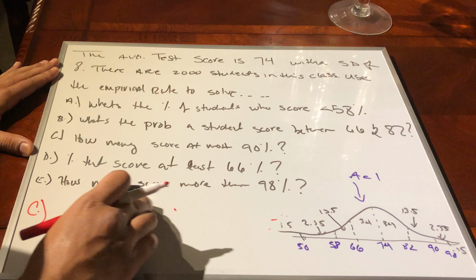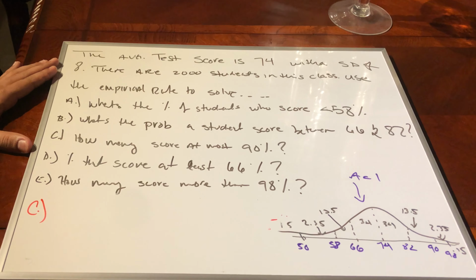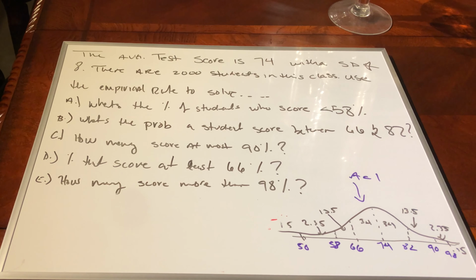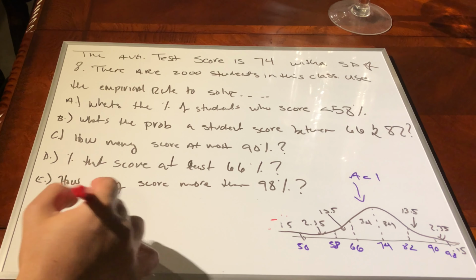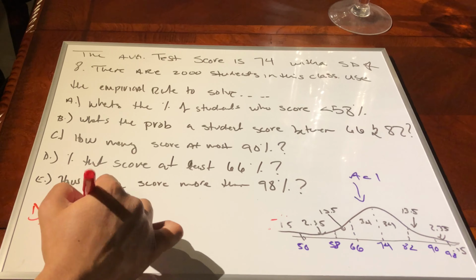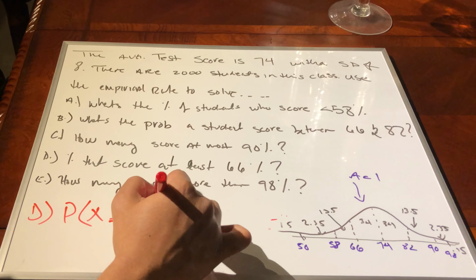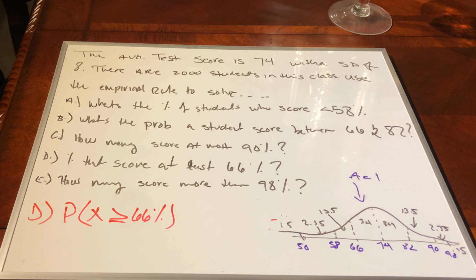Now part D is asking, what's the percentage that scored at least 66? What's the probability of a student scoring at least 66? Now everything's greater, so the lowest you can get is 66, so that's greater than or equal to. So you would add everything up from here all the way over here.